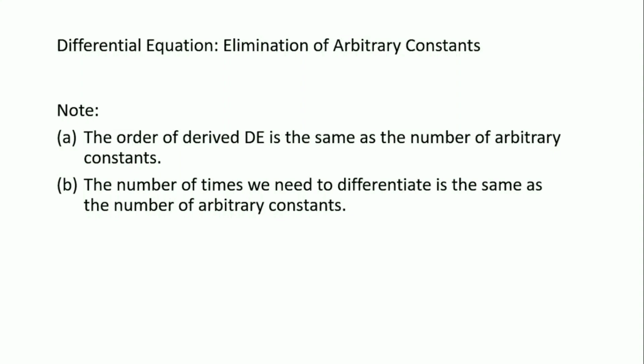So, for example, if you have one arbitrary constant sa given relation, ang magiging order ng derived DE natin is first order. Okay? So, kung dalawang arbitrary constants, magiging second order, and so on and so forth.